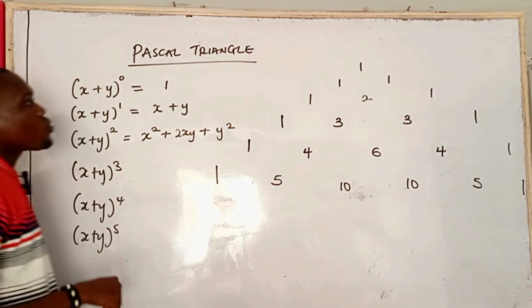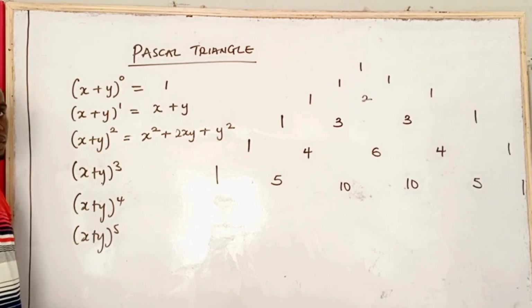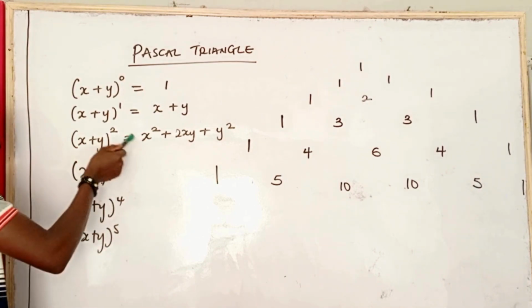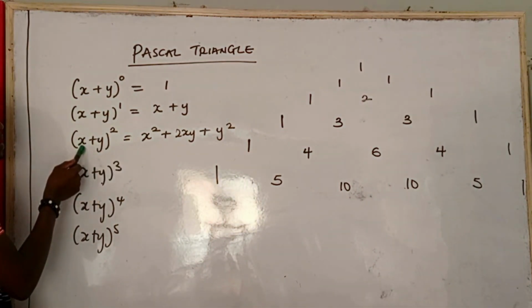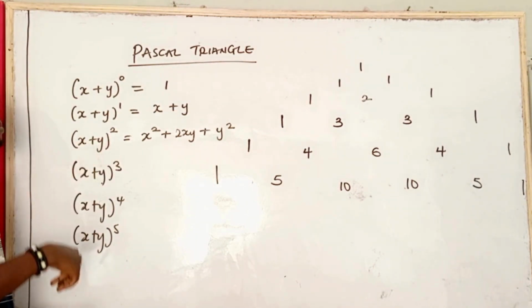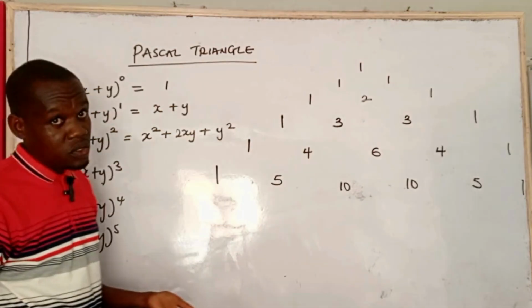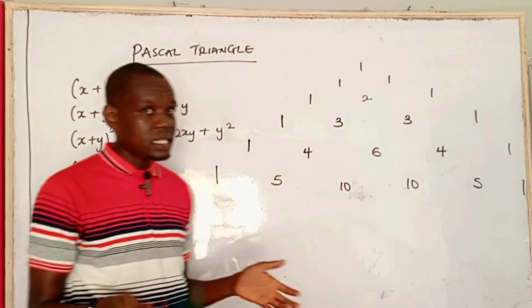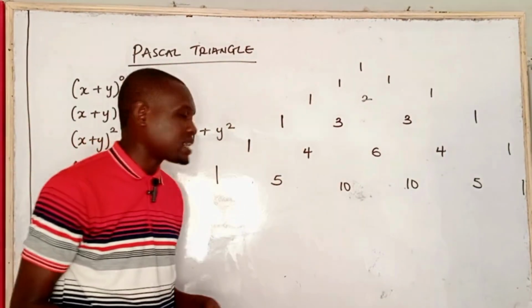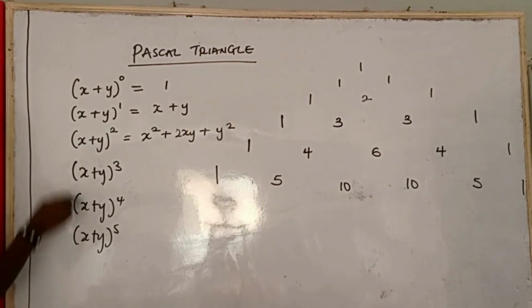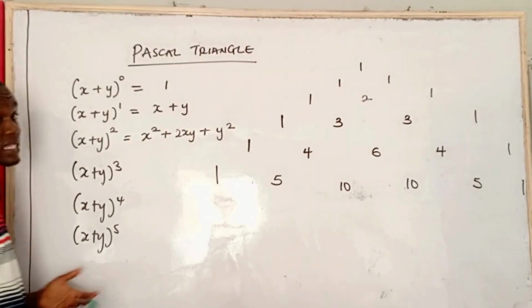So what does it mean? It means that when expanding a function, the power of x in this aspect now, though it is not in all situations they make use of x, they can give you any other letter, maybe a and b, m and n, and so on and so forth like that. But for now, we are sticking to what? X and y.